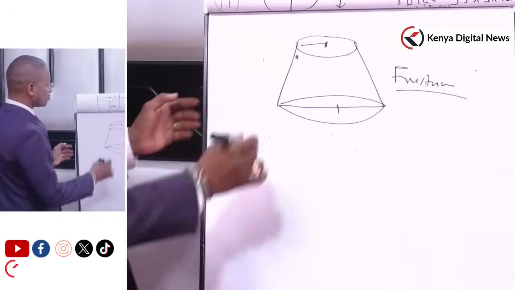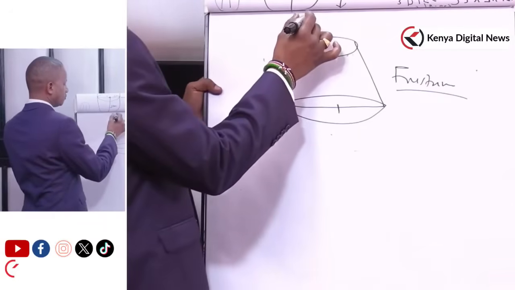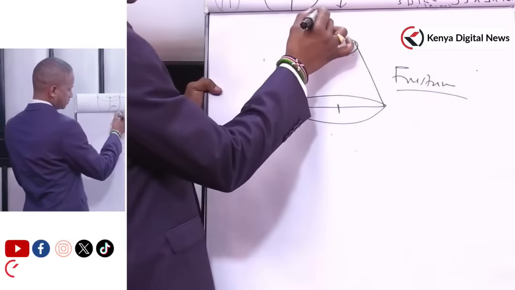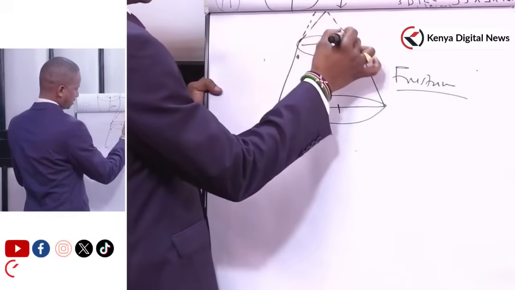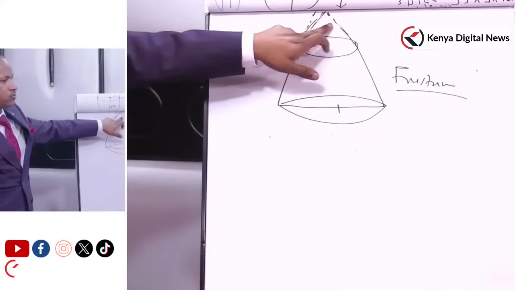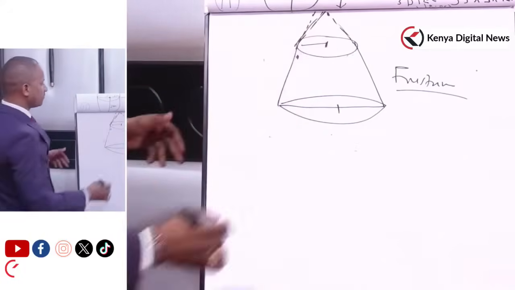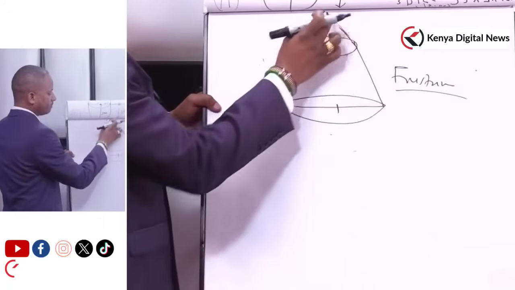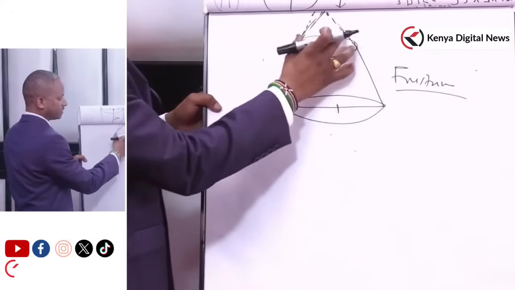Volume of a frustrum, you are going to make it appear. This is a cone. You complete it. So you get the volume of the larger cone minus the volume of the smaller cone. You will remain with the frustrum.